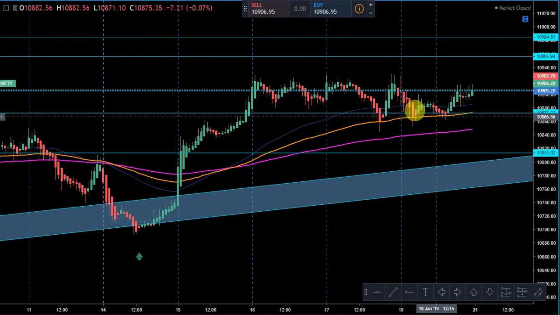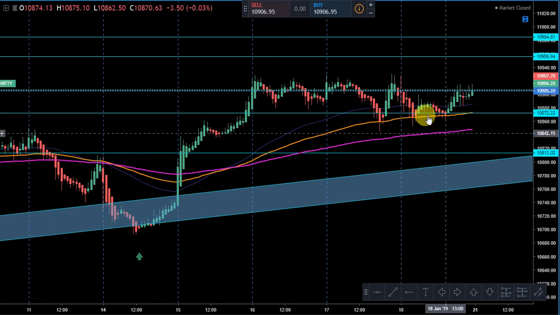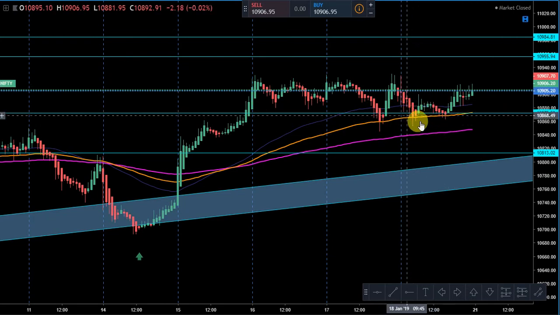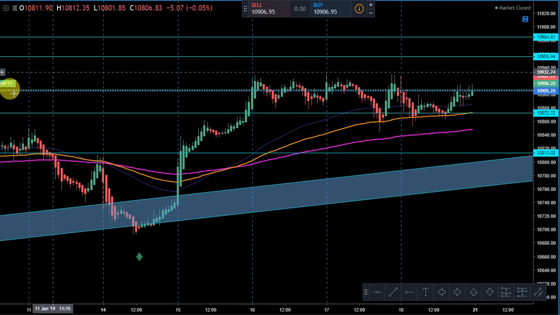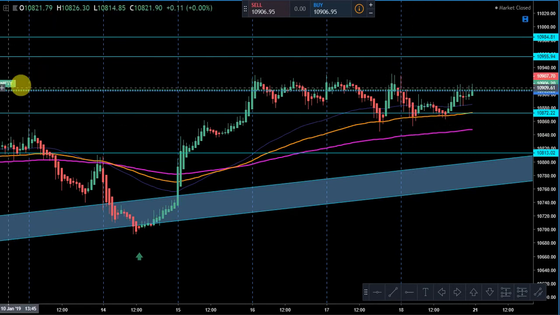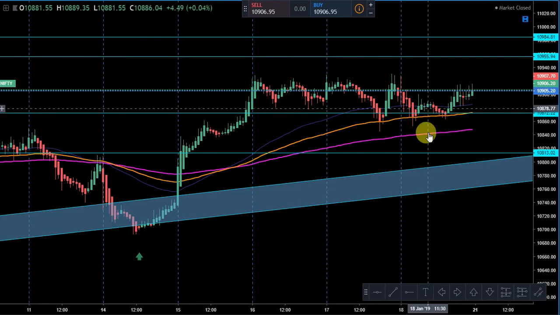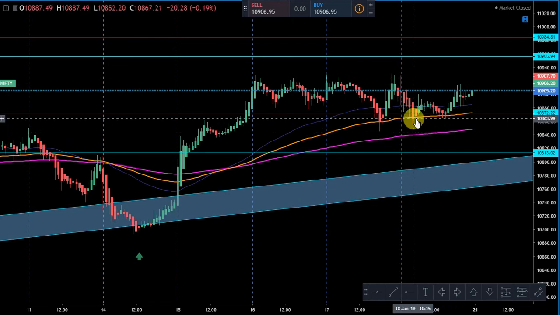So here, if you see, based on this, I am talking about price action only, right? So here it has reversed from here, right? I am talking about Nifty. See here, it is a Nifty chart. So it has reversed from here.